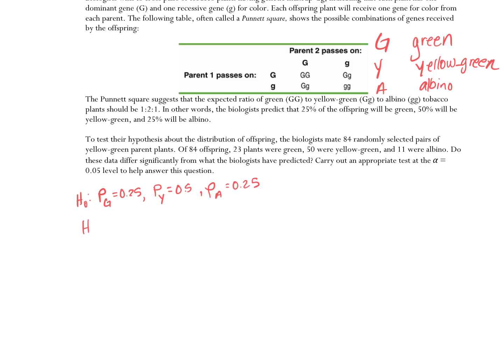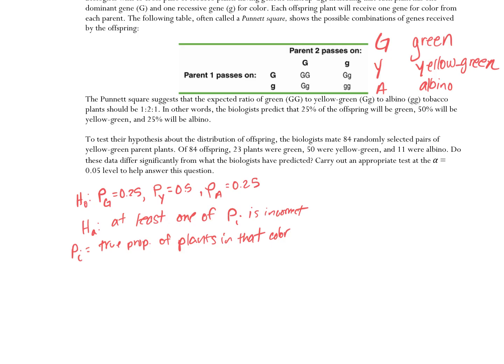My alternative is that at least one of the P sub i's is incorrect, with P sub i equaling the true proportion of plants in that color. If it's PG, it's green. If it's PY, it's yellow-green, etc.